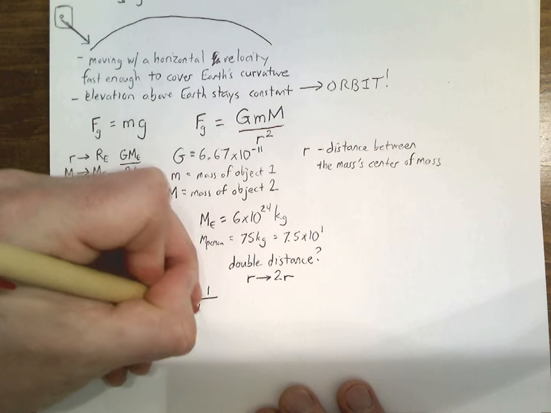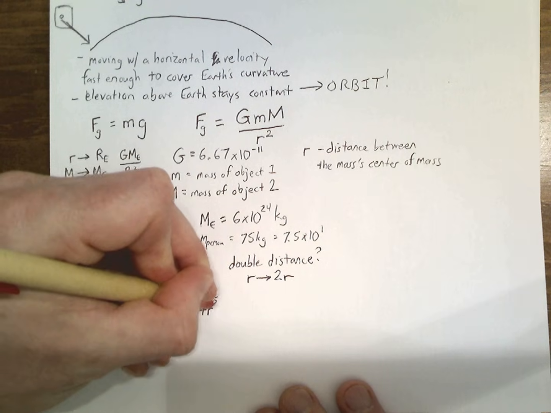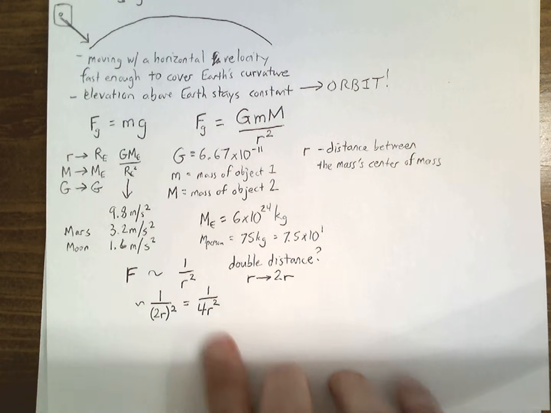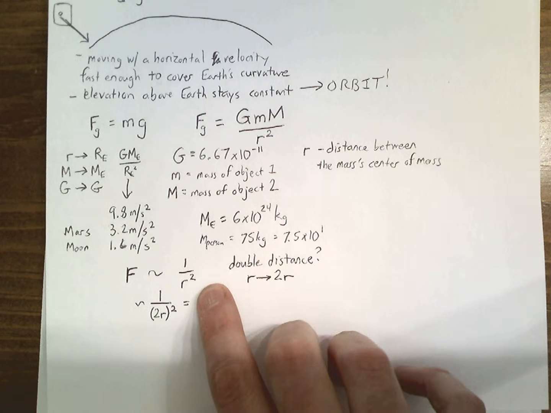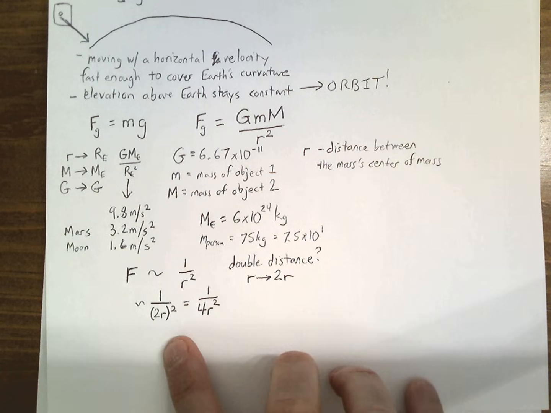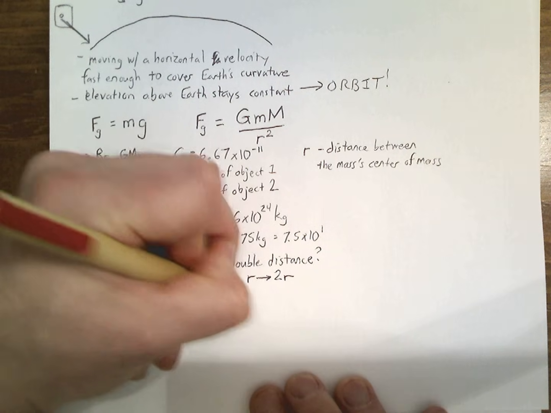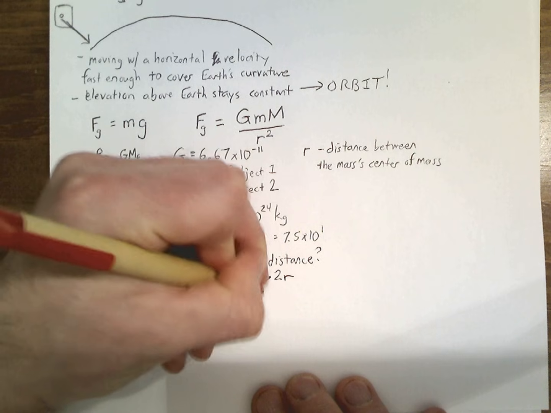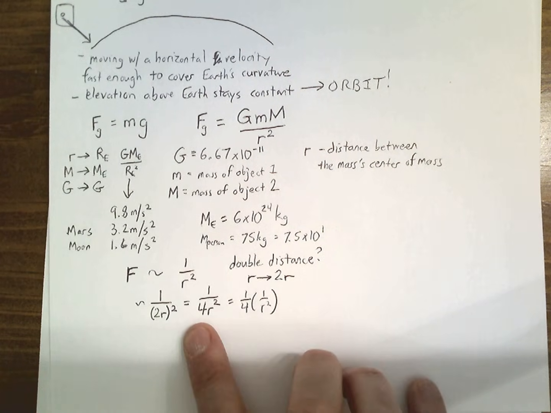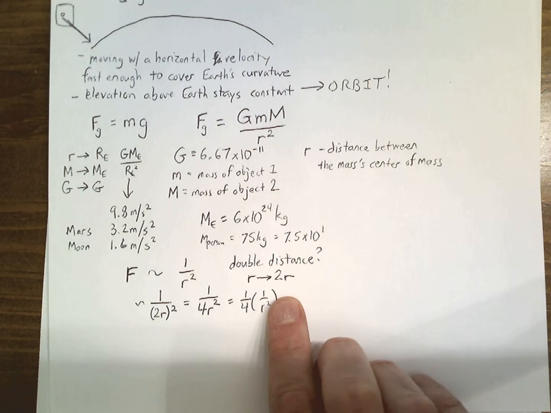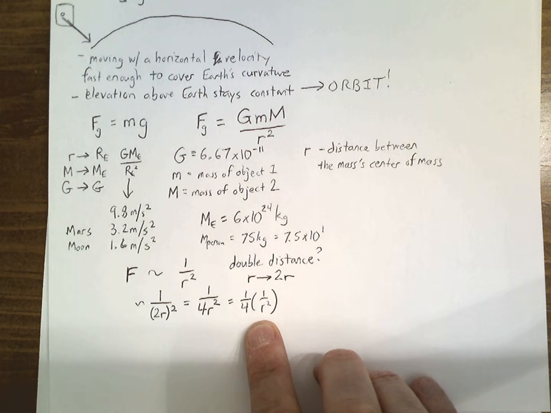So we get 2 squared is 4, and r squared is r squared. And if I look at it, I started with 1 over r squared, I made this transformation, and now we have a fourth of what we started with. So in other words, because of this square relationship, doubling r makes the force go down by a fourth.